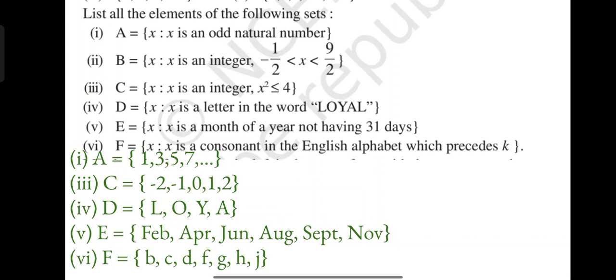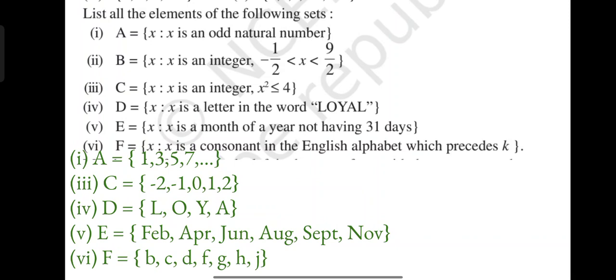Similarly 0 square is 0, so we can write 0. But 3 square is 9, and 9 is greater than 4, so we can't write 3 as well as minus 3 and so on. So the set contains only 5 numbers. What are they? Minus 2 to 2.